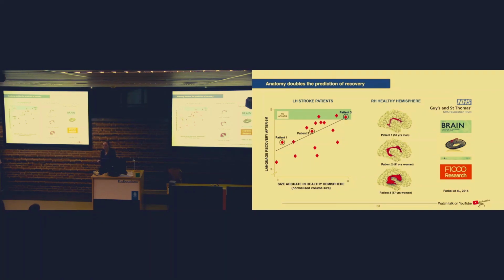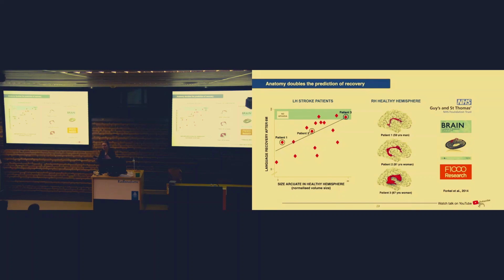Now when you spoke to the patient, you would still notice that there were some errors in form, but overall pretty good recovery. And you can see the arcuate is really thick and beautiful in the right hemisphere.